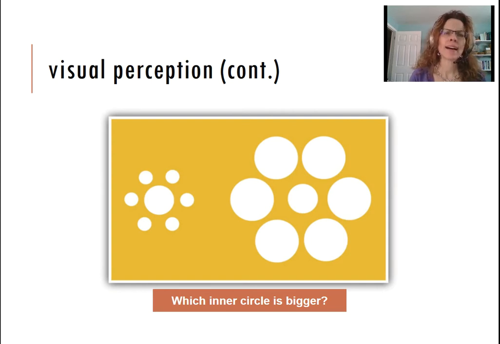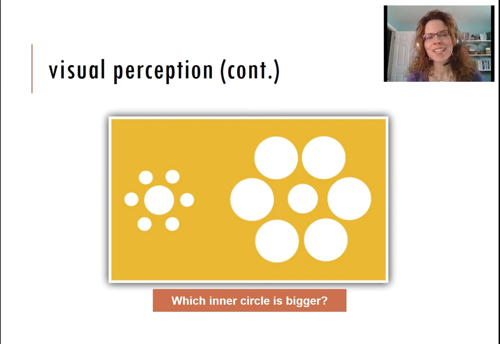Why does the one on the left look bigger then? Well, the reason it does is because the circles around it are smaller. Whereas in the other figure, the circles around the center circle are larger. And the contrast effect influences how we perceive those inner circles. The one is contrasted with smaller circles.